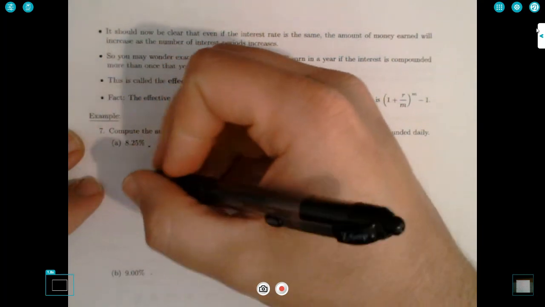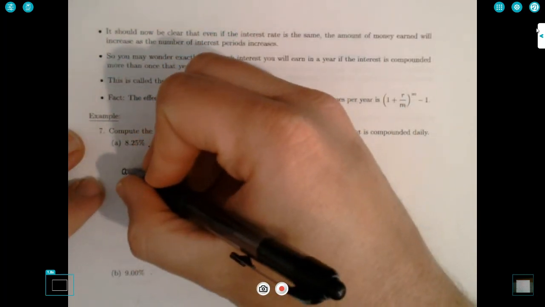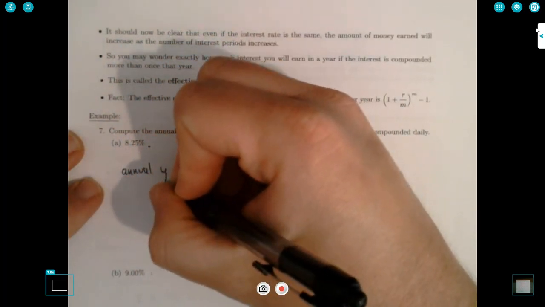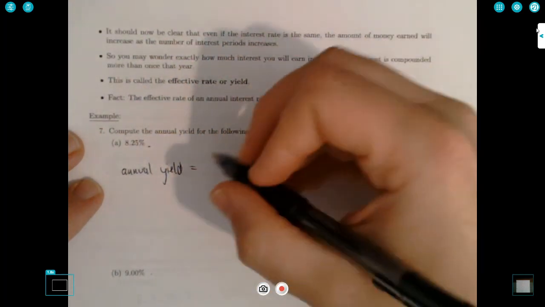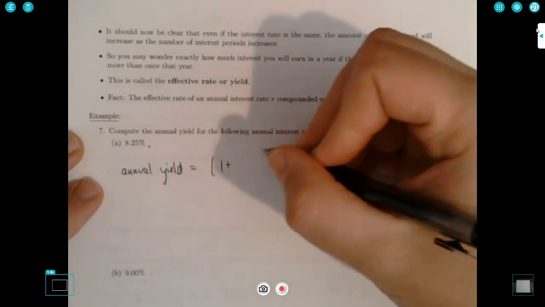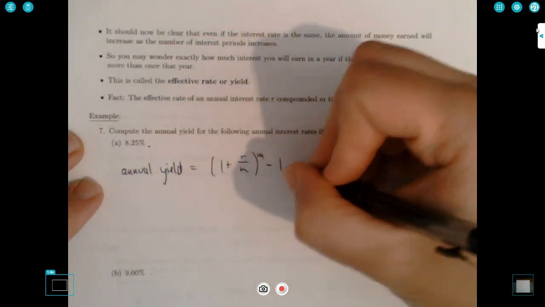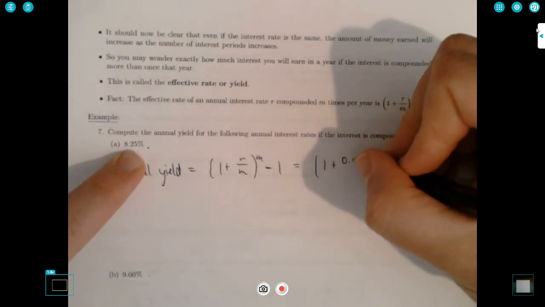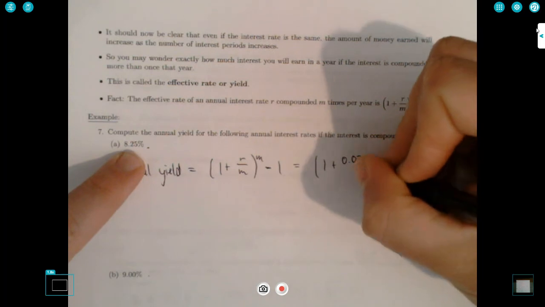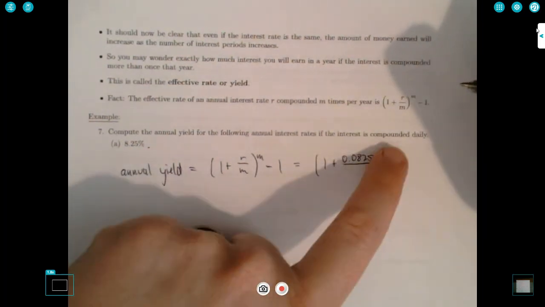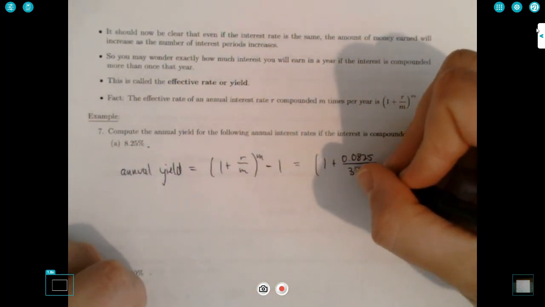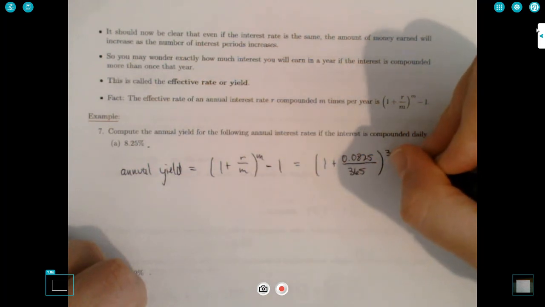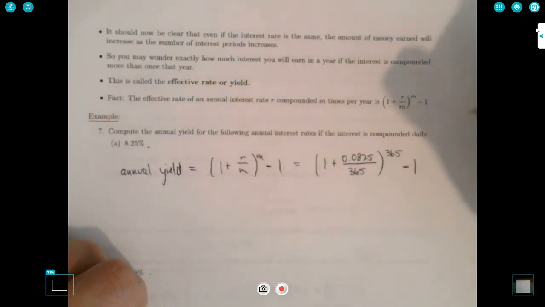So the annual yield is going to be a percentage, and that percentage is going to be (1 + R/m)^m - 1. So that's going to be 1 plus the interest rate, 0.0825, divided by m. If it's compounded daily, then m is 365, to the 365, minus 1.